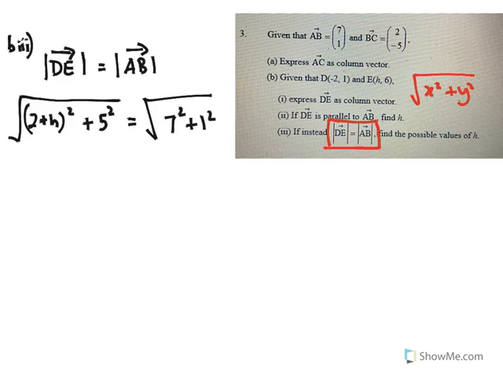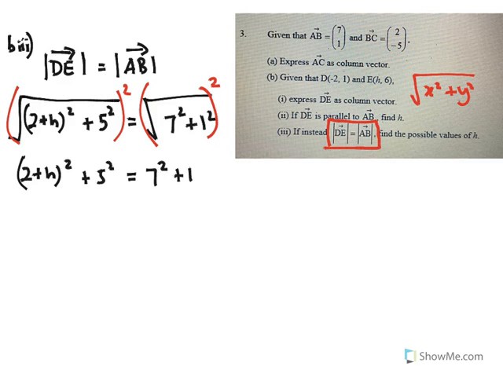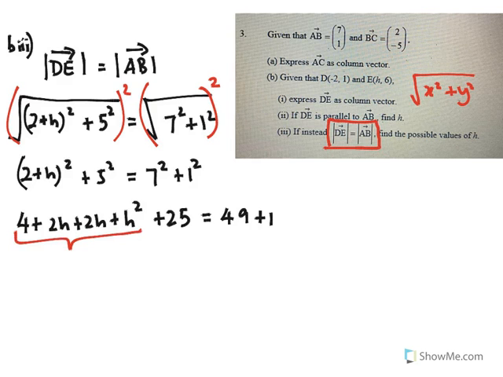Now since both sides have square root, you need to get rid of it, so all you have to do is square them. Okay, if you square them, you end up getting 2 plus H squared plus 5 squared equals 7 squared plus 1 squared. So now all you have to do is expand out. So your algebra, you should get this.